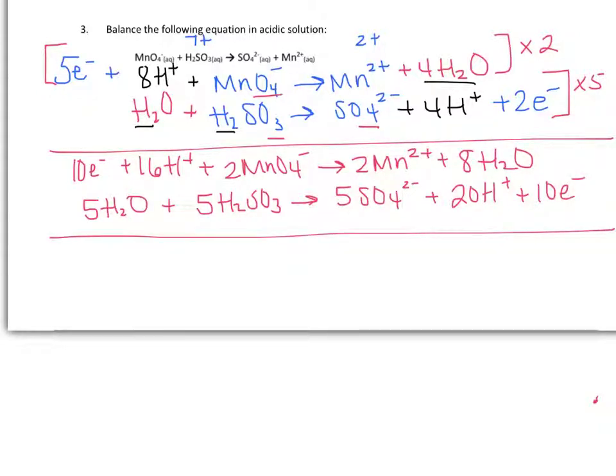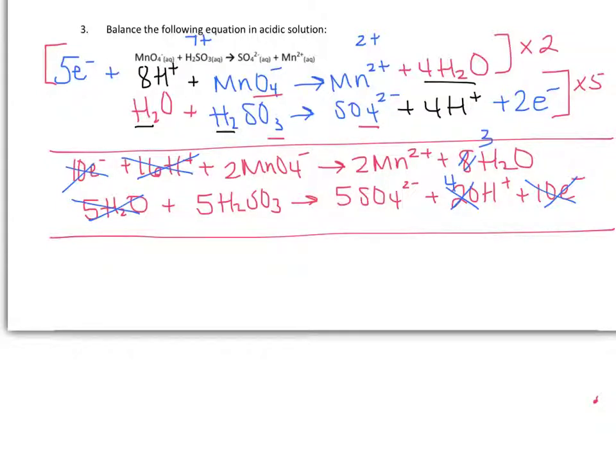Now let's see what we can cancel out or simplify. The 10 electrons will be eliminated. The 16 H positive can cancel out 16 of the 20 and leave us with 4 hydrogens on that side. And the 5 waters can cancel out to leave us with 3.